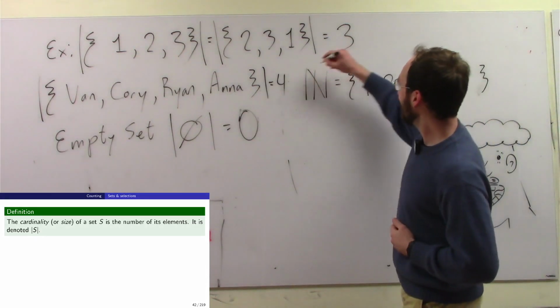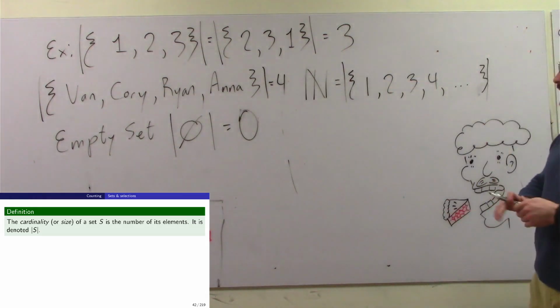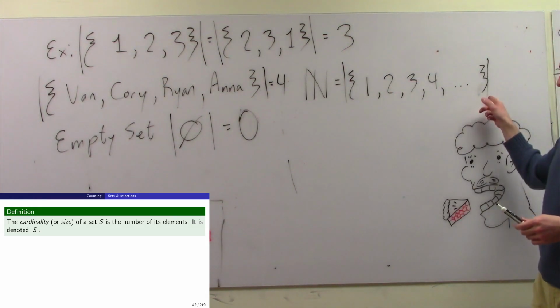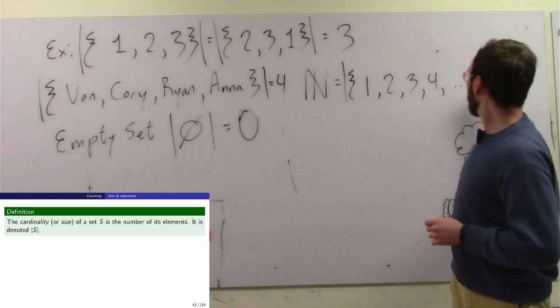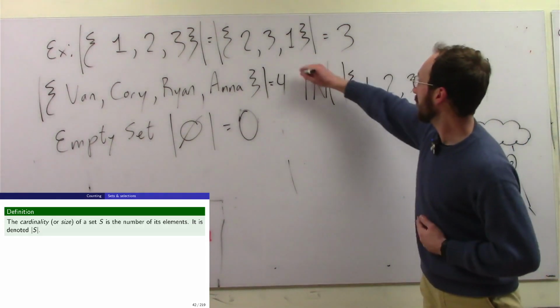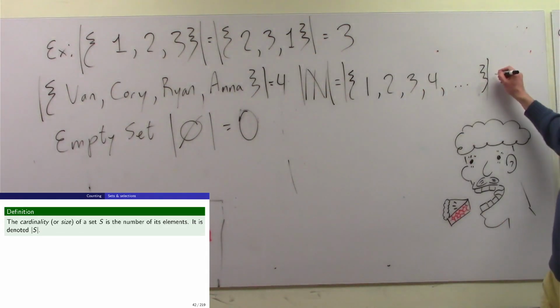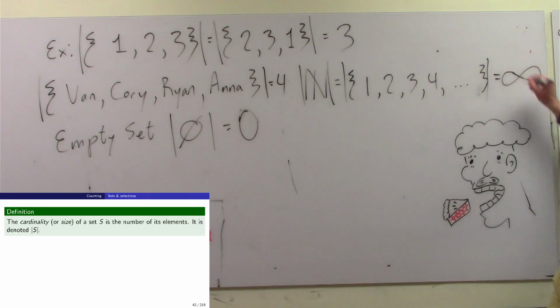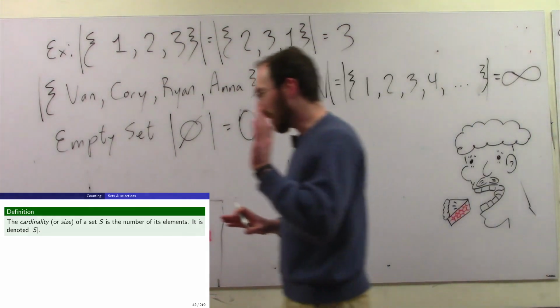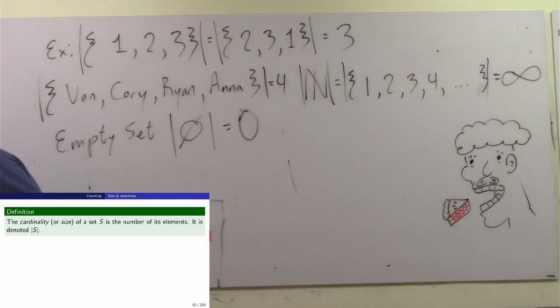And then the cardinality of the natural numbers is infinitely many numbers, so I guess I should keep consistency. It is infinite. Which infinite? Doesn't matter. But let's see, anything else to point out there? No.